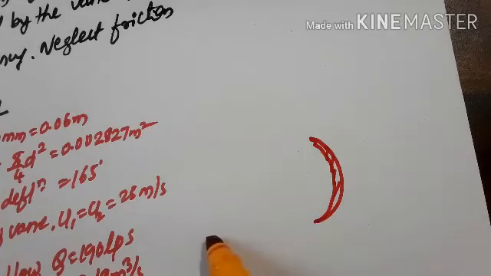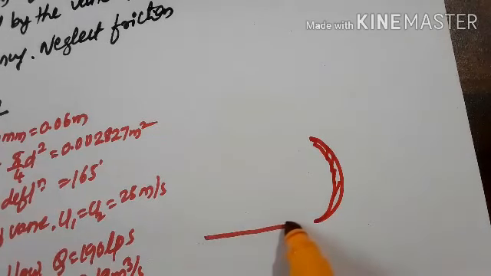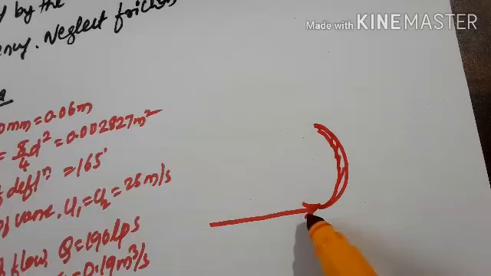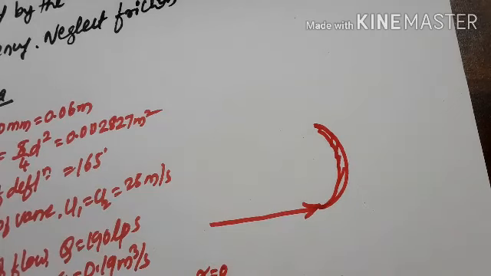Let us take that at inlet the jet is entering tangentially into the blade passage. Since it is entering tangentially, the angle made by the jet at the inlet will be 0. So here we need to consider alpha equal to 0 and theta equal to 0.